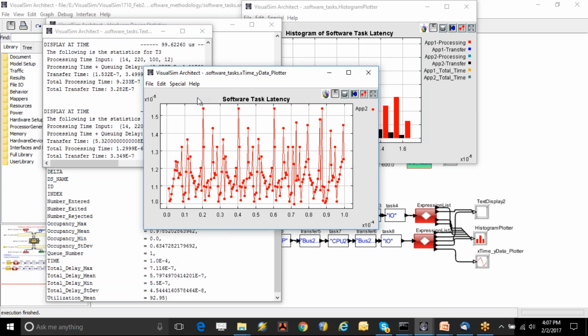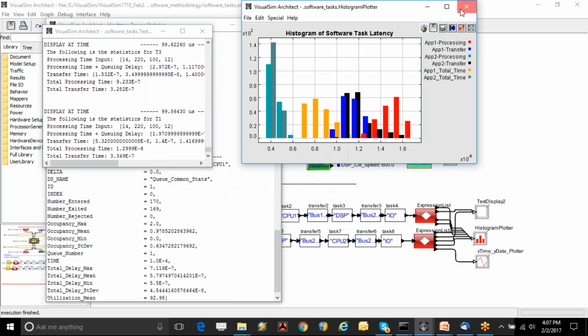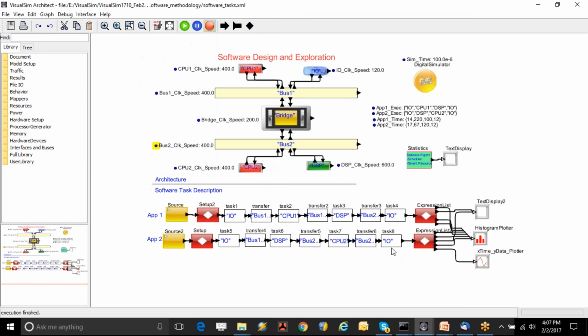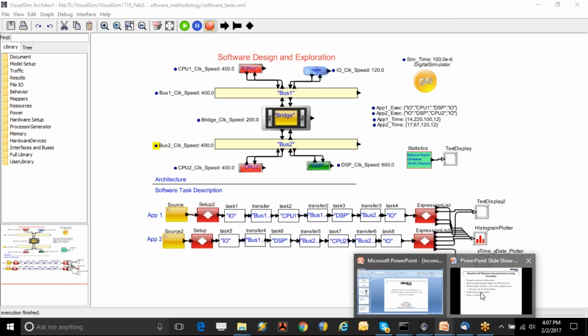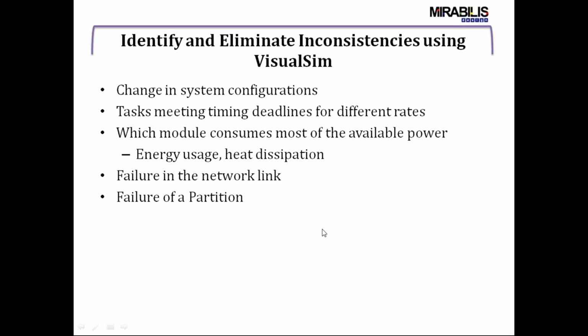So even though you're running your systems at a higher clock speed, your end-to-end latency is quite high. So this could be the problem with your CPU because you're running your CPU at a low clock speed, or you need to change the selected processor itself. So this kind of information will enable you to make sure that the problems can be identified and eliminated at early stages of the design process.